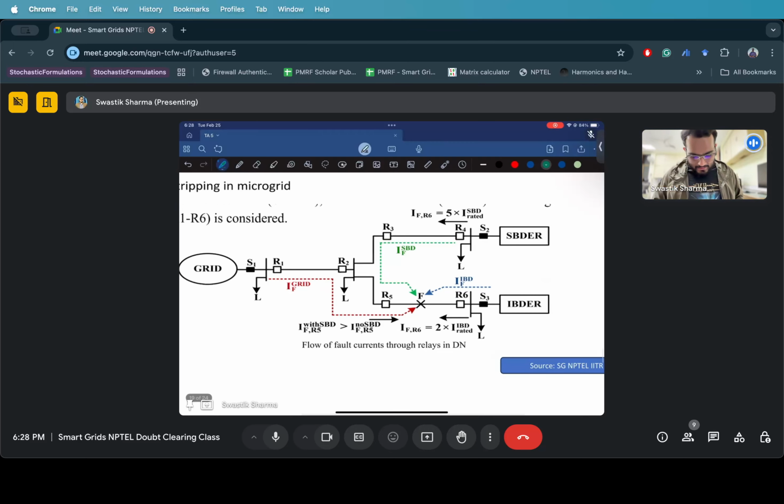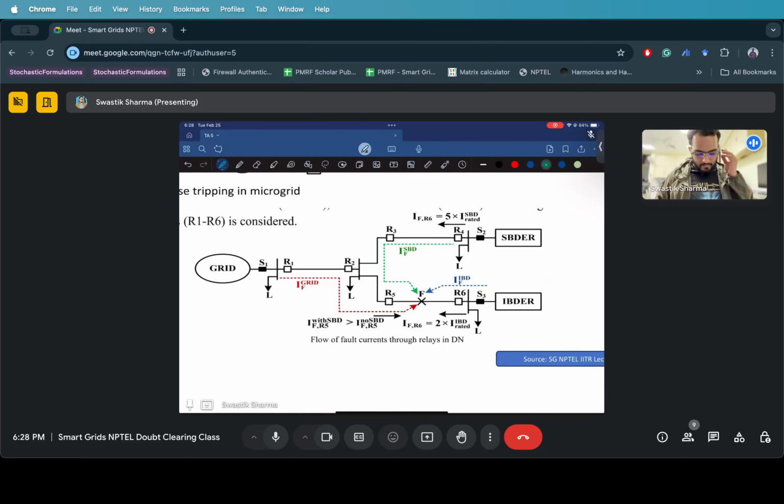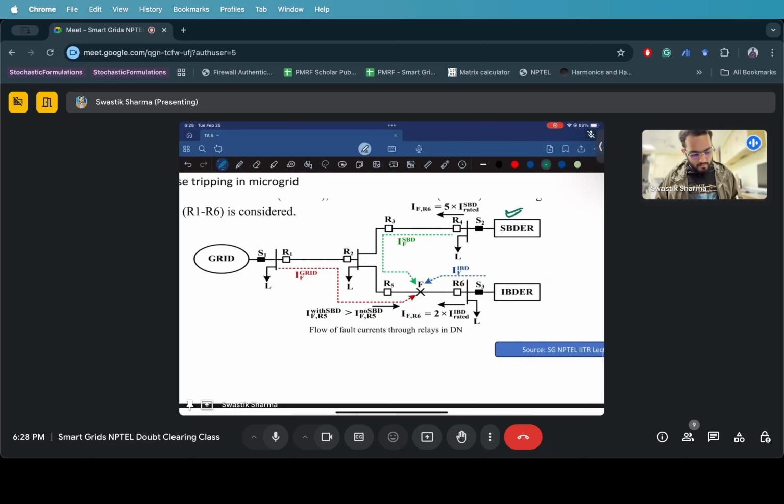Let's see using this example here: we have a synchronous based DR and an inverter based DR connected at two different points, and a fault has occurred.